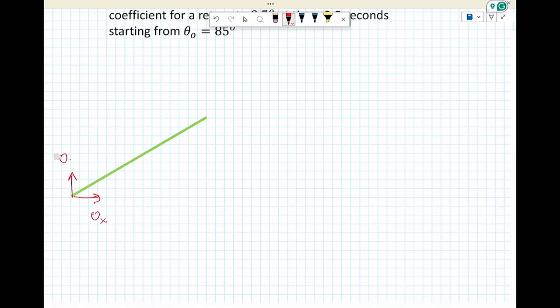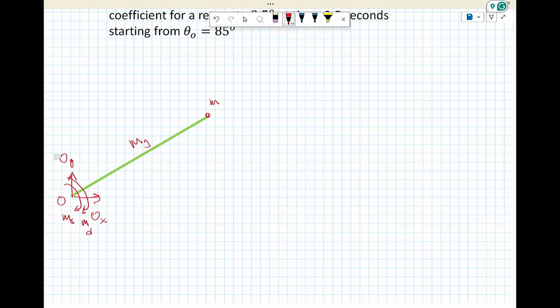reaction force at the pin. You have the moment of the spring and moments, you can call it D, mass of B, mass out here. So point O is right here.